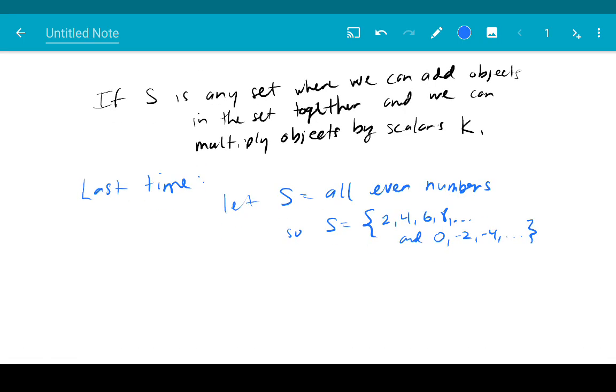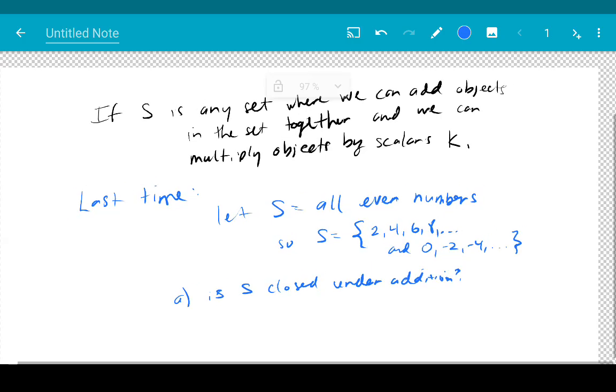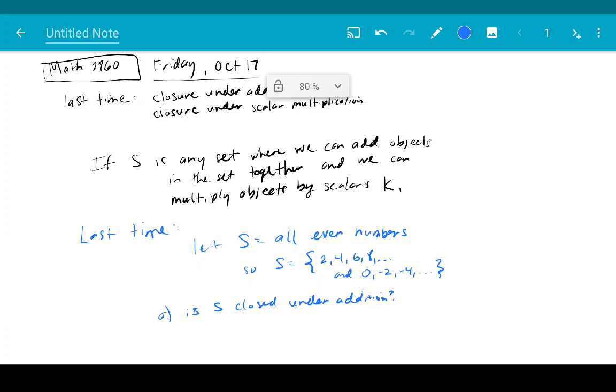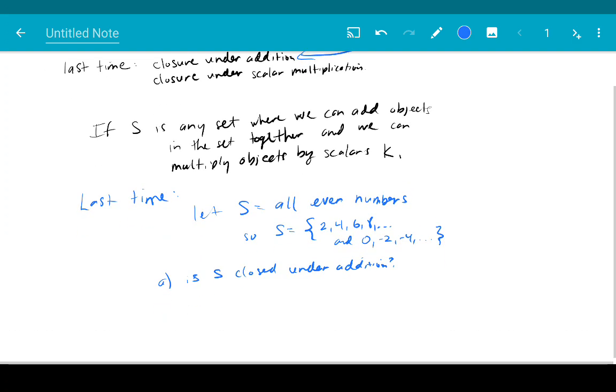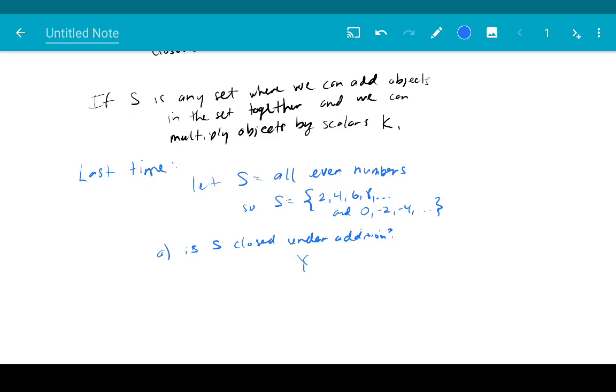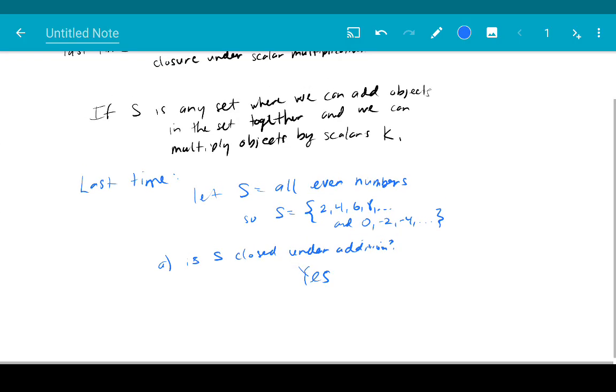The question was, A, is S a set that is closed under addition? So we're asking if it satisfies that axiom. I'll zoom out here. We're asking about this axiom right here. Is this set S closed under addition? And we all agreed it was. And why is that? What was our reasoning? This is the condition I think I wrote on the board last time.